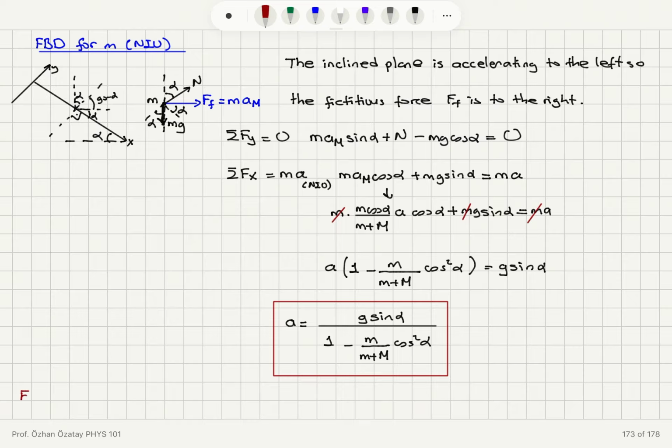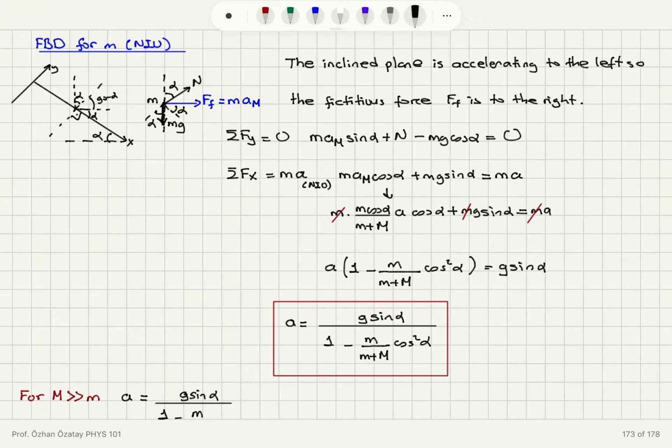The second question was, what is the limiting value of this acceleration for capital M much greater than m? Well, in that case, the term at the bottom, m over m plus capital M, will become 0. So we will have acceleration equals g sine alpha divided by 1 minus, well, since capital M is much greater than m, this m can be ignored.